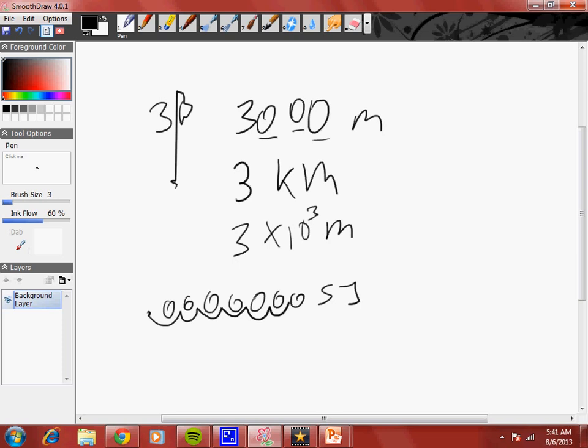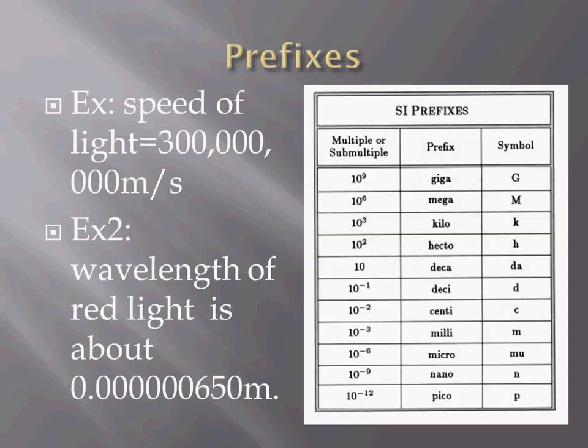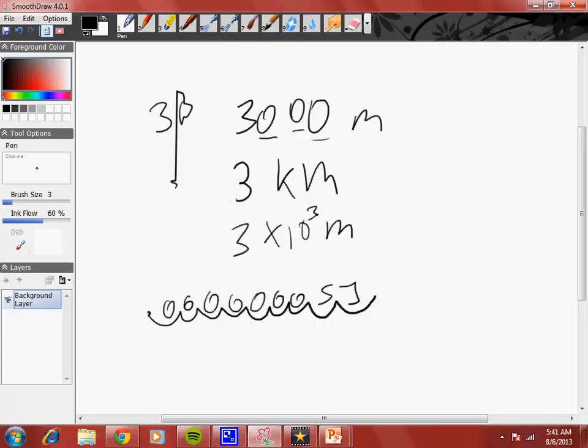So in order to make this look nice, you go 3, 4, 5, 6, 7, 8. I don't have a prefix for 10 to the negative 8, so we are going to have to go 10 to the negative 9, because if you look at your table, we have 10 to the negative 9 being nano.